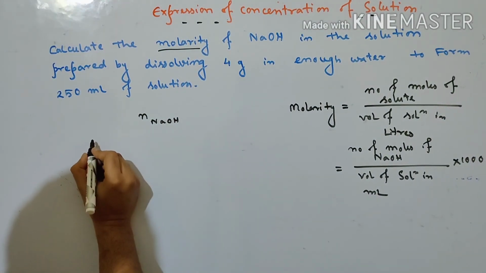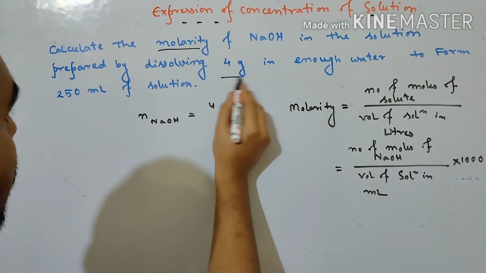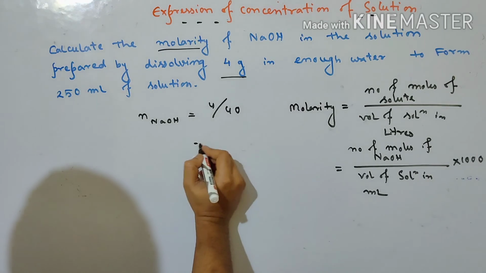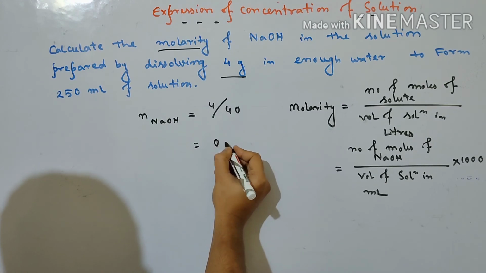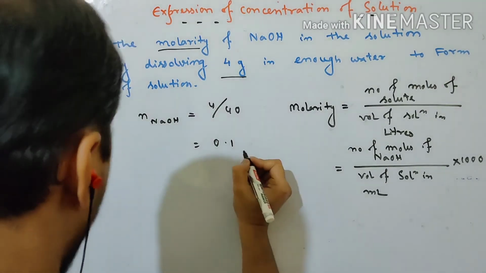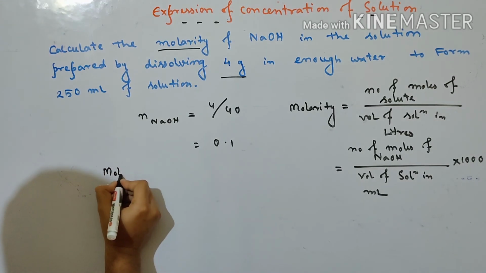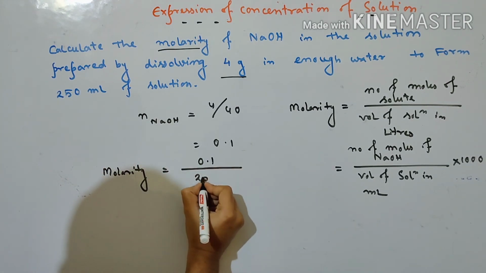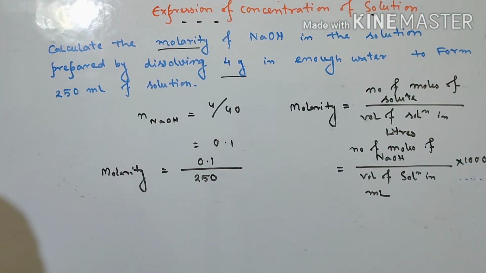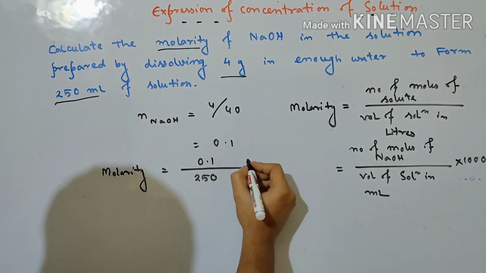So here, first of all, number of moles of NaOH. It is the given mass 4 gram by molar mass. How much are we getting? We are getting this value as 0.1. Now, when we are calculating molarity, it should be 0.1 divided by 250 ml. As you can see, it is given in 250 ml. This one should be multiplied by 1000.